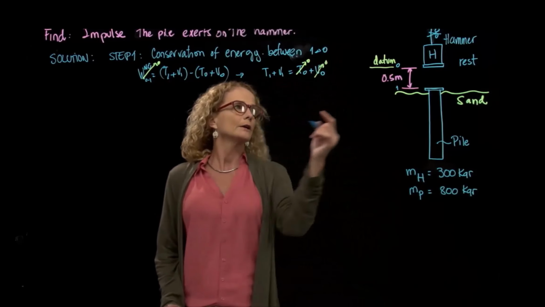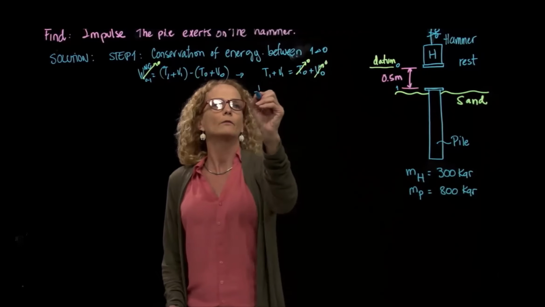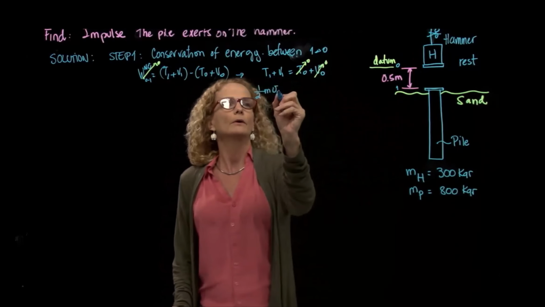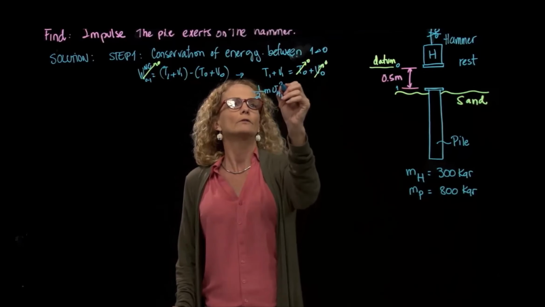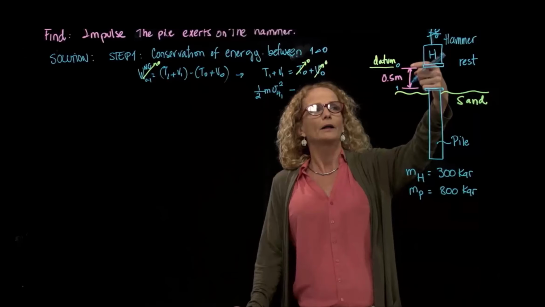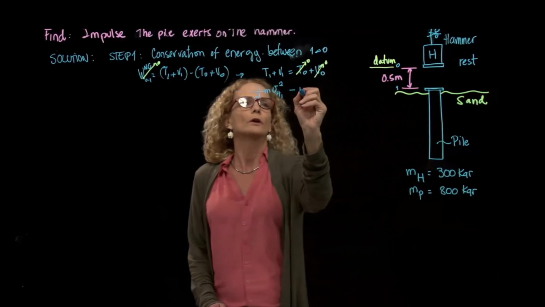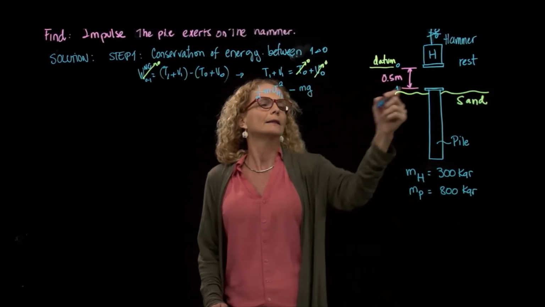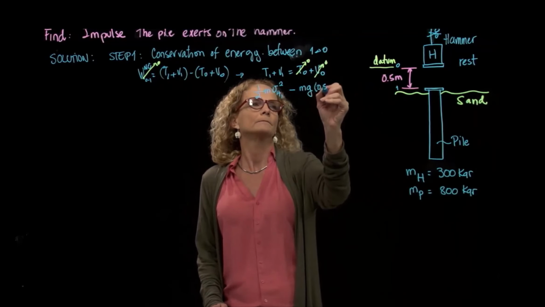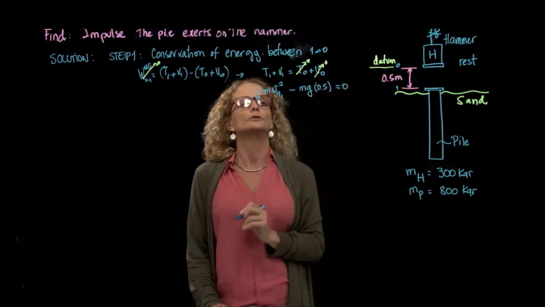For kinetic energy in position 1, we have one half mass times the velocity of the hammer at 1 squared. And since I put the datum right here, I lose potential energy, mg times h, and that h is 0.5. And that equals 0.